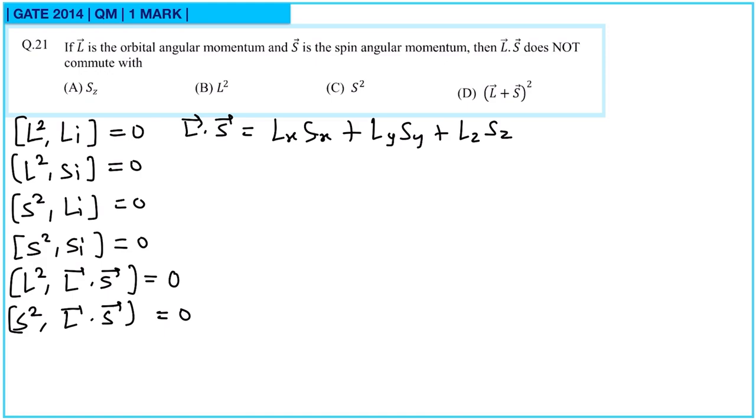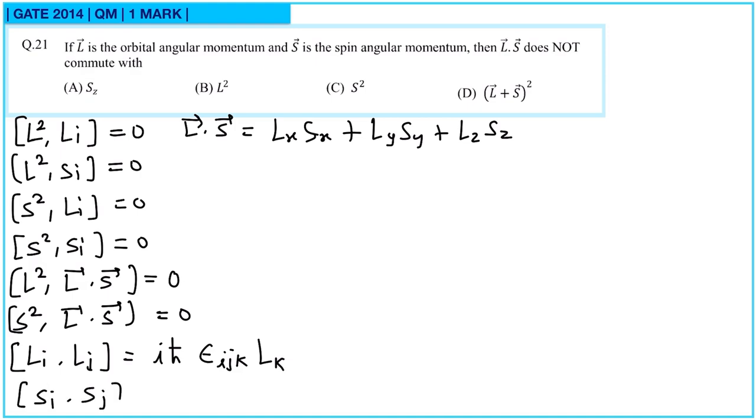Now we also know Li and Lj is equal to i h cut Levi-Civita tensor Ijk Lk, and Si Sj is equal to i h cut Levi-Civita tensor Ijk Sk, and also Li with Sj, anything, is equal to 0. This is known to us.